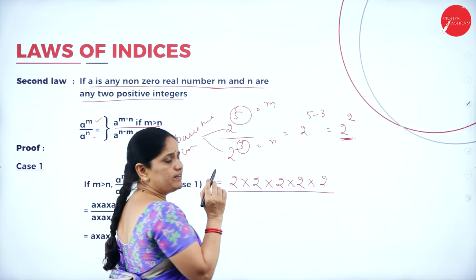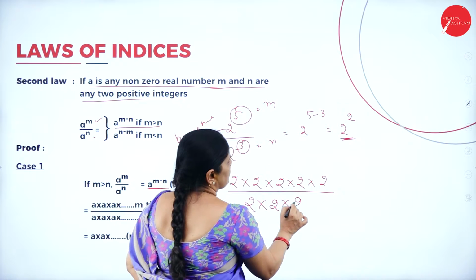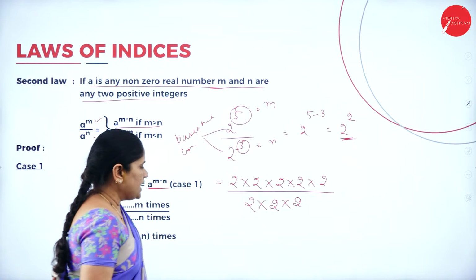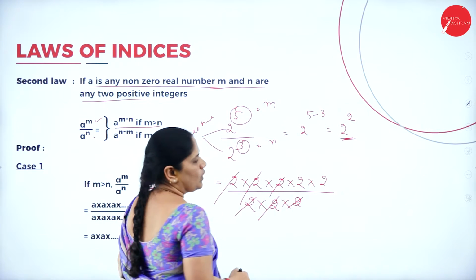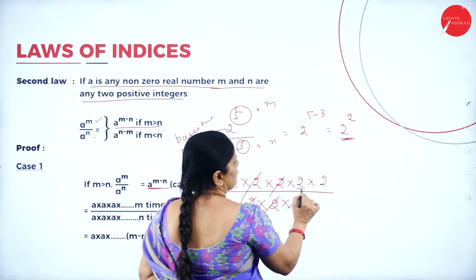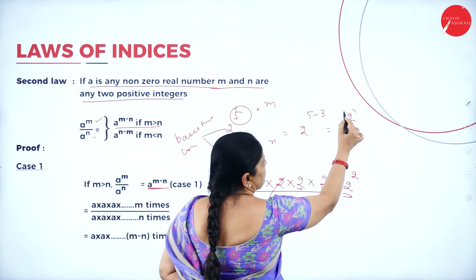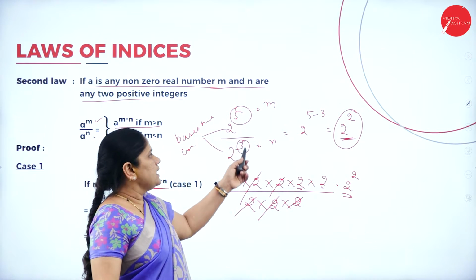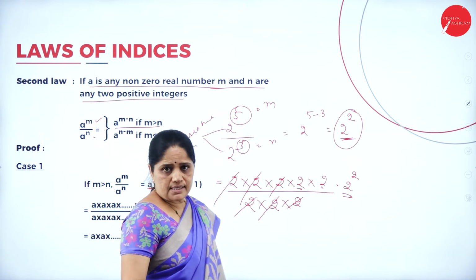Now 2 to the power 3, how many times should I write? 3 times. So 2 into 2 into 2. Now when I simplify, I will cancel this. What is remaining here? 2 to the power 2. I am getting the same answer here. So I can just deduct the power and I will get the answer.